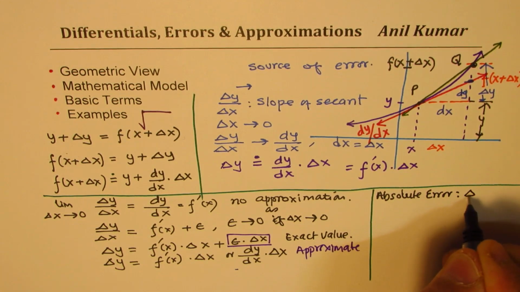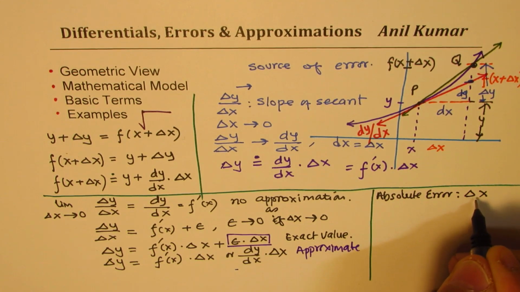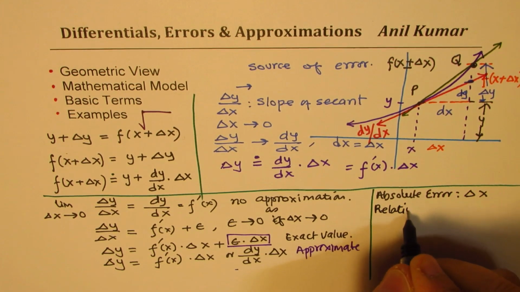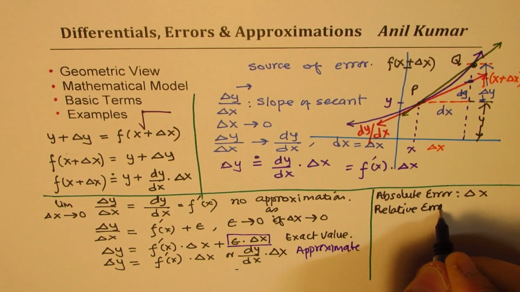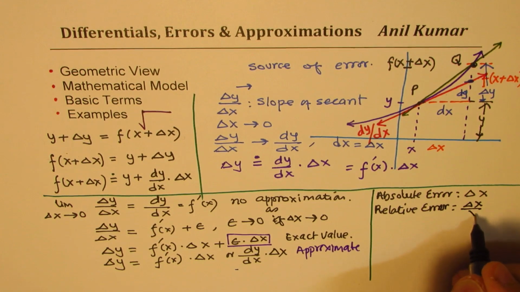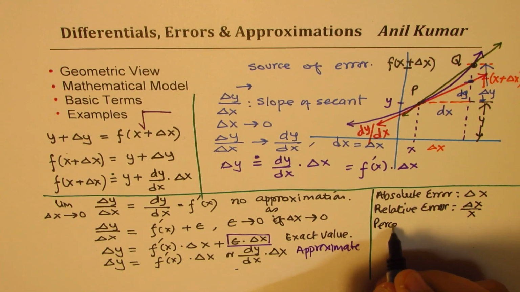In this case, absolute error is the change, delta x itself, the error in delta x. That is the absolute error. Relative error is when we are comparing it with its original value, x, right? So that ratio is the relative error. And percent error is when this is multiplied by 100.